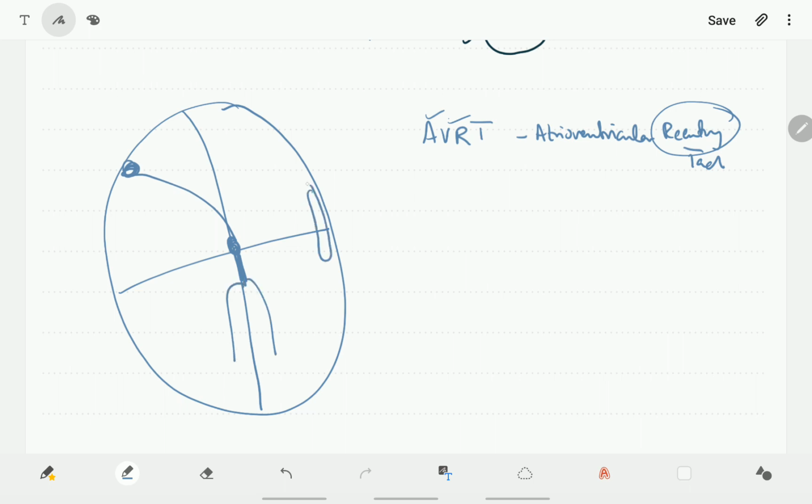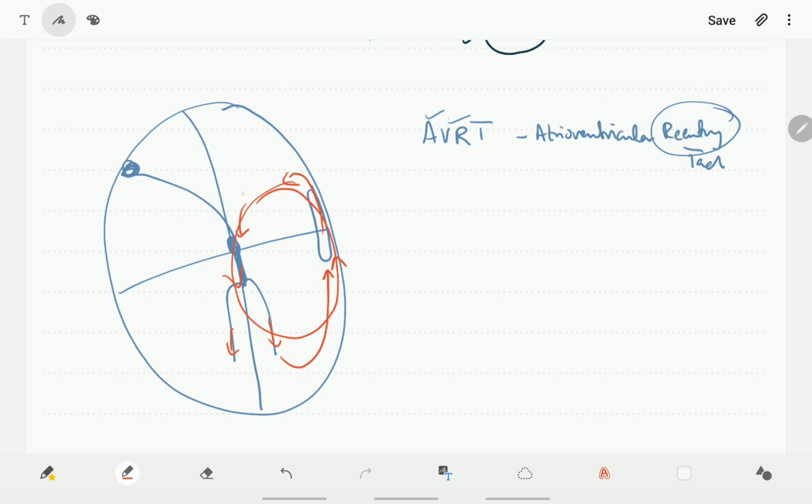So what happens is the impulse goes down from the atria. So suppose it goes down from here, and then it goes down from here, and then it goes up here, and through this pathway it can transmit back into the atria from the ventricle, and then this can develop a circle, and this can go on and on.